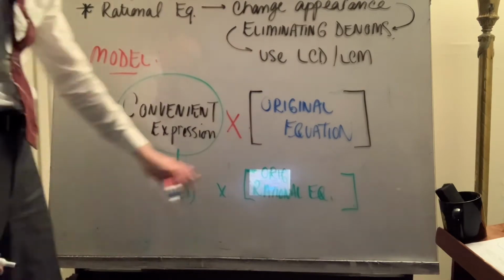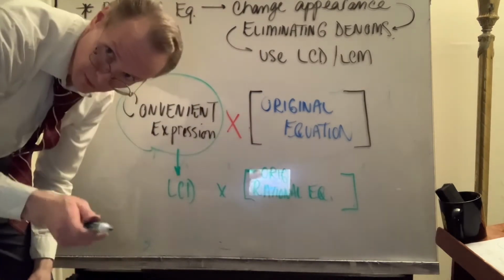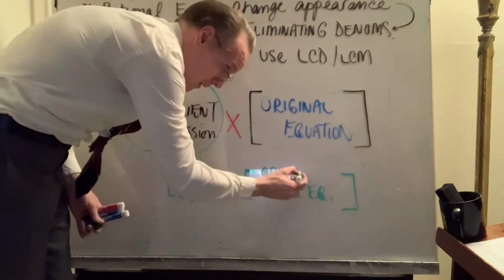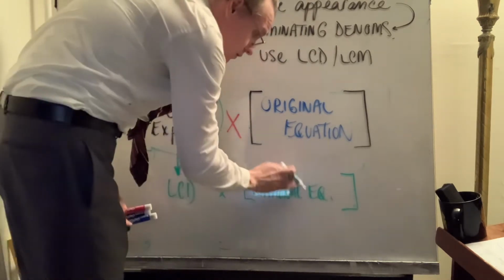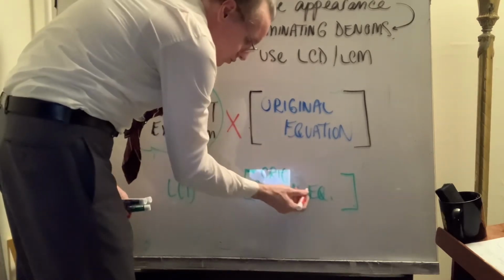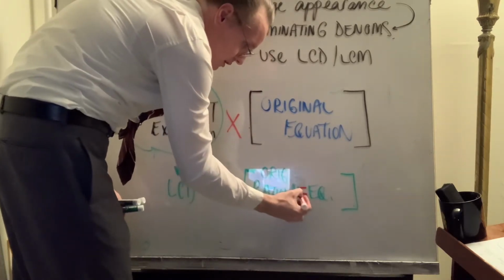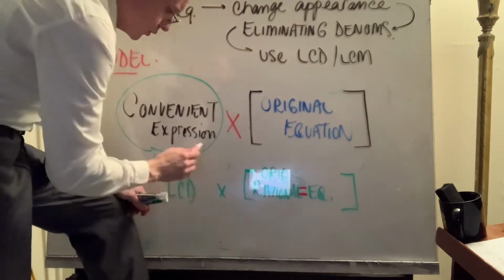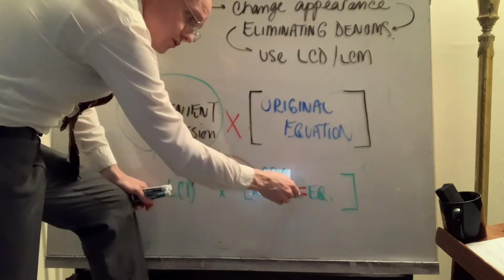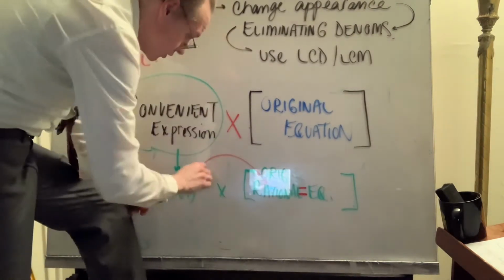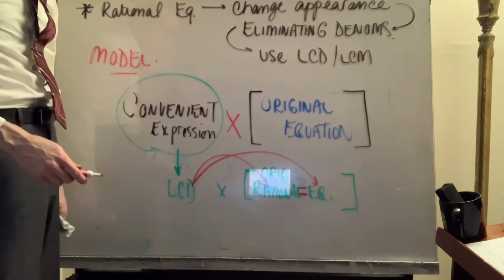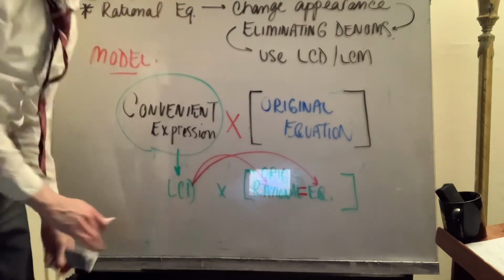And I'm putting brackets here because you have to remember that the trick to this is you can get away with doing this as long as you do it to both sides of equals. So, to help emphasize what the process is going to look like, I'll add an equal sign to make it look like an equation. You're going to figure out what the LCD is. You're going to multiply the left side of equals, and then to make it legal, you're going to do the exact same thing to the right side of equals. The distributive property, essentially.